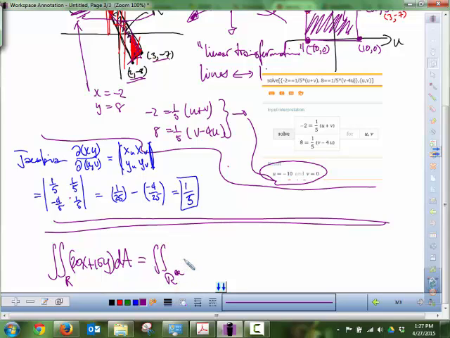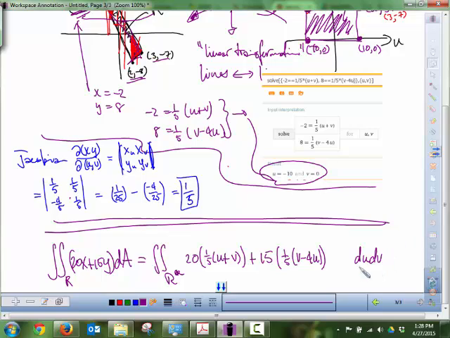We're going to change our integral to include our new region, that's R star, and then we're going to change our x's into u's and v's and y's into u's and v's, so that's 20, and then the x I think is 1/5 of u plus v, and then y, so 15 times y, and the y was 1/5 of v minus 4u. And then our dA changed into du dv.